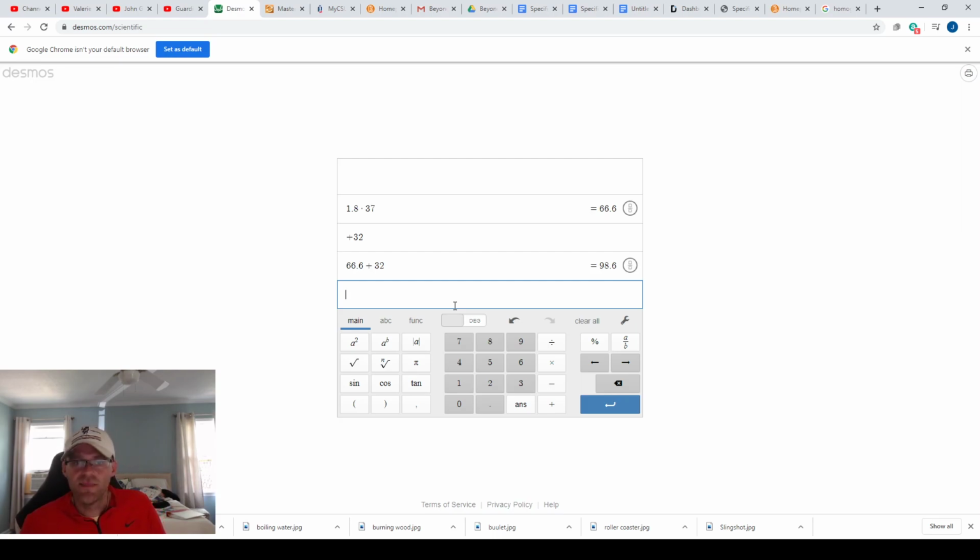So that's how you go back and forth between Celsius and Fahrenheit. And for Kelvin, simple enough, you just add 273 to whatever the Celsius value is. So Celsius plus 273 equals Kelvin.